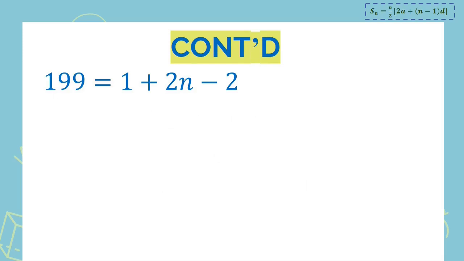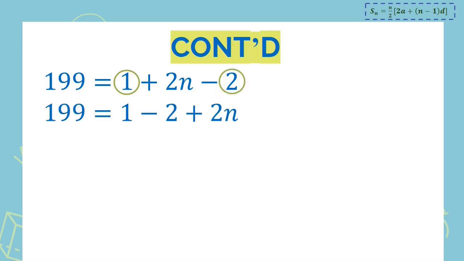We can also continue our solution by grouping like terms. And some of the like terms we can identify are 1 and -2. Grouping them together will give us 199 equals 1 minus 2 plus 2n. And that will become 199 equals -1 plus 2n.